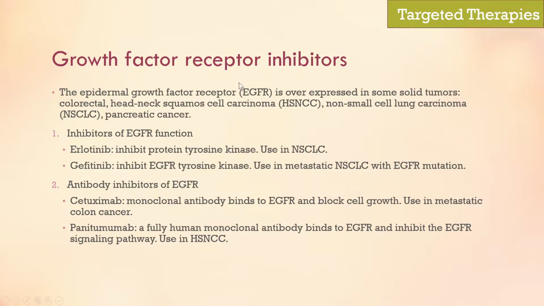Okay, so growth factor receptor inhibitors, some of the examples are erlotinib and gefitinib, used in metastatic non-small cell lung carcinoma. Okay, cetuximab, a monoclonal antibody, binds to the EGFR and is used in colon cancer, and panitumumab, a monoclonal antibody, binds to the EGFR and is used in head and neck squamous cell carcinoma.